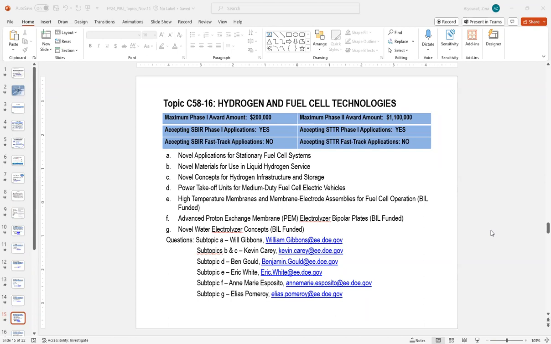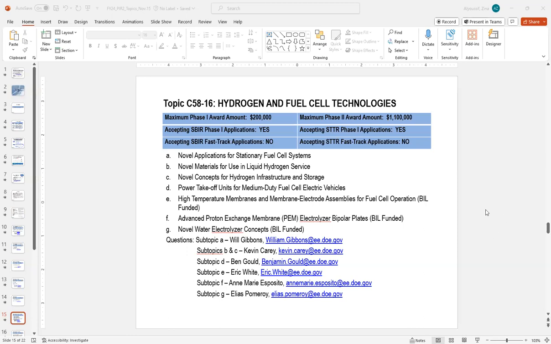We need to know how well your system performs, and when providing those estimates, please include performance estimates on a specific energy consumption basis in kilowatt hours electric per kilogram of hydrogen and kilowatt hours thermal per kilogram of hydrogen. We also need an estimate of the levelized hydrogen cost in dollars per kilogram of hydrogen. These values will enable us to compare your technologies with existing systems as well as other applicants to determine if your proposal is worth considering.